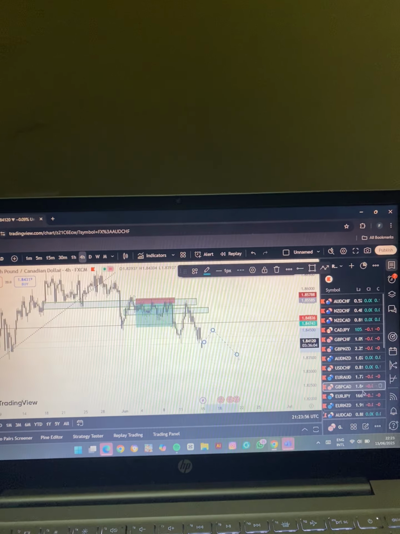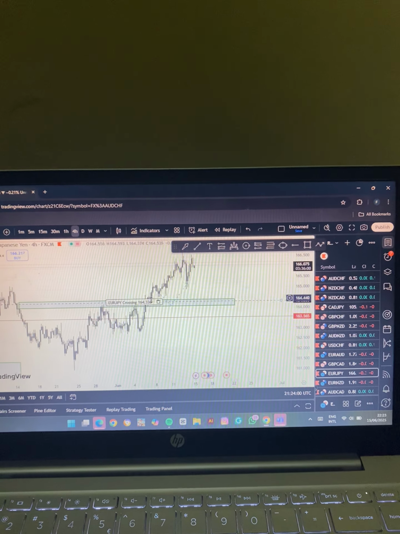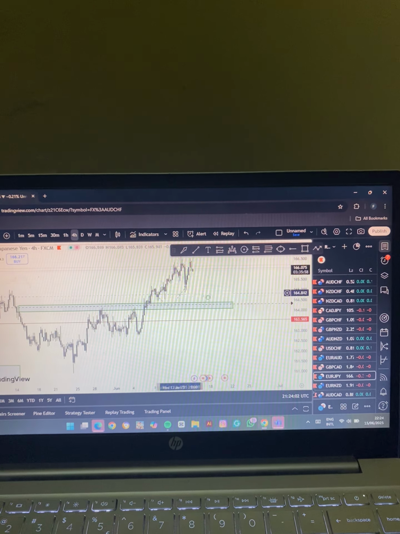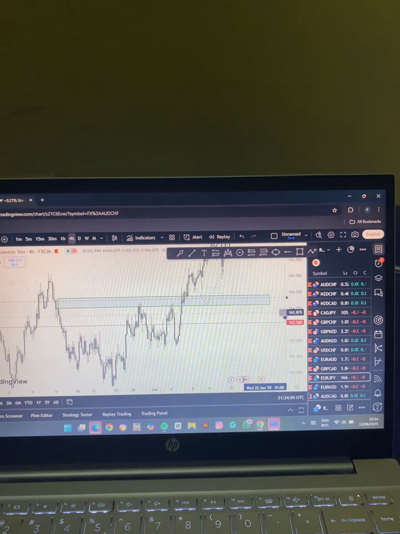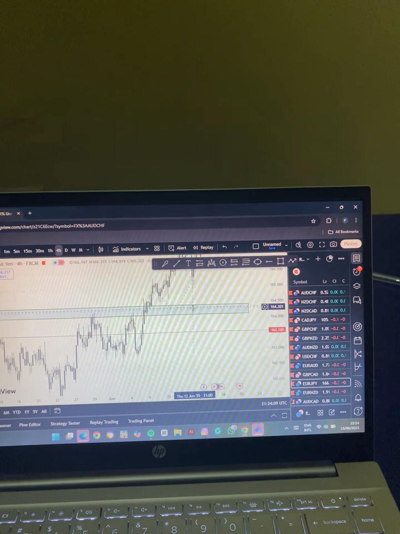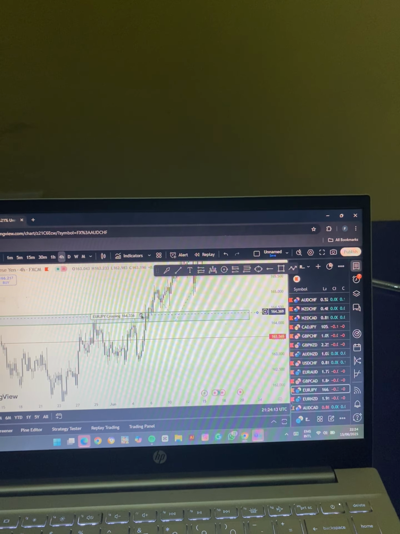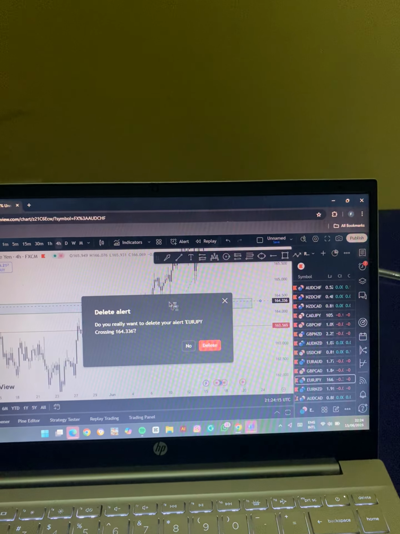Then for Euro JPY, I wanted price around this area. I thought that price would come having more of a push back. I'm deleting this because it's gone, the trade is gone. That's gone to our profit and more.